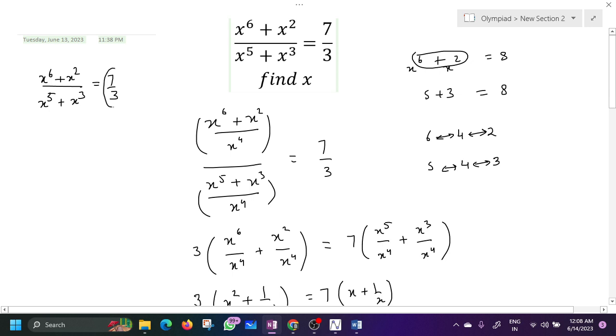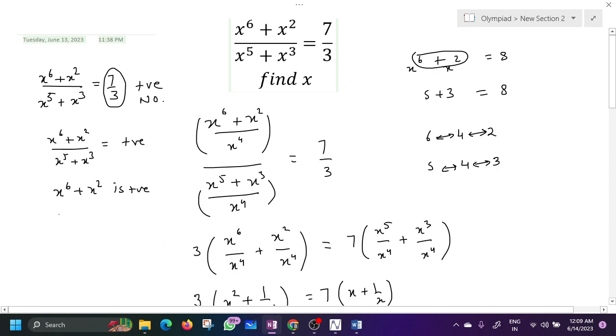Now on the right hand side we see a positive rational number, so on the left hand side also you have a positive number. So x power 6 plus x power 2 over x power 5 plus x power 3 should be a positive number. Okay, but we easily see that x power 6 plus x power 2 is positive, because even powers on any number will make it positive.